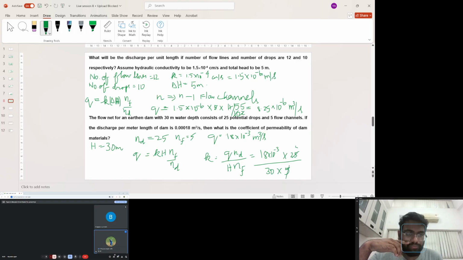Now this will be 5. This will cancel as 6. And this will cancel as 3. So K will be 3 into 10 power minus 3 meter per second.